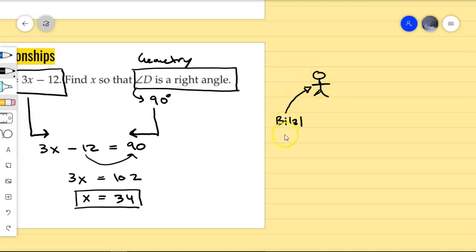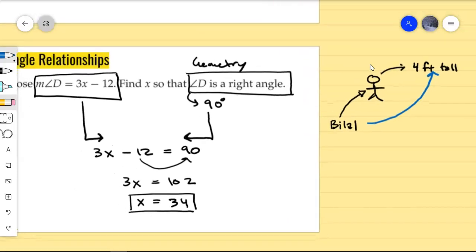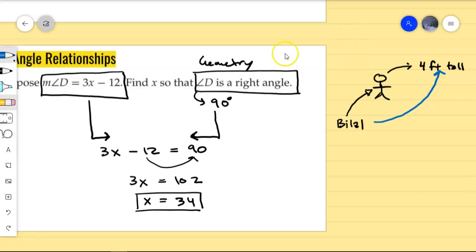I got that. And then I tell you that the person standing over there is 4 feet tall. I don't tell you that Bilal is 4 feet tall. I tell you the person standing over here is 4 feet tall. What's the connection you make? Well, then Bilal must be 4 feet tall. That logic is so important for you to understand.